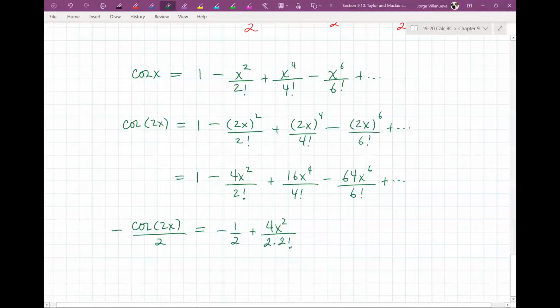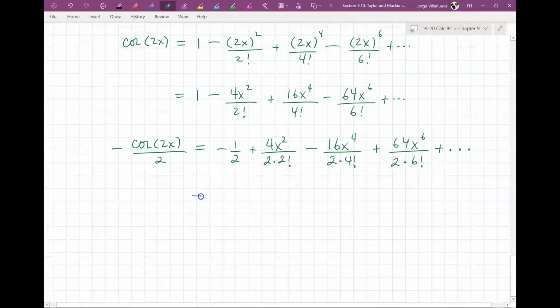I know I'm making a bit of a mess there, but we'll clean it up in a bit. Minus 16x to the fourth over 2 times 4 factorial, sorry, 4 factorial, plus 64x to the 6th over 2 times 6 factorial, plus etc. So let's clean it up just a little bit.